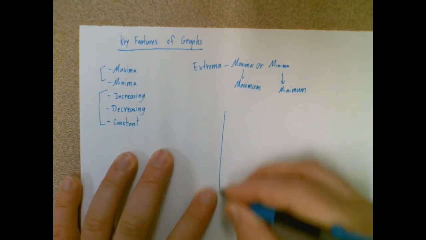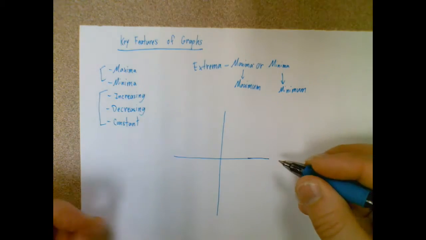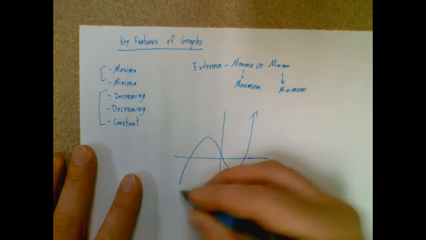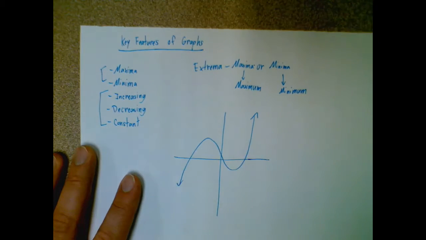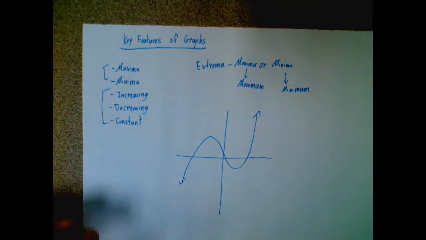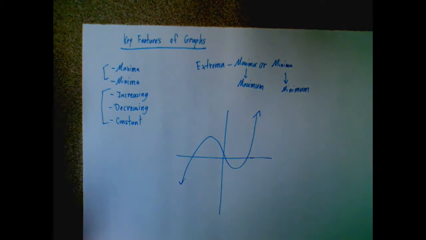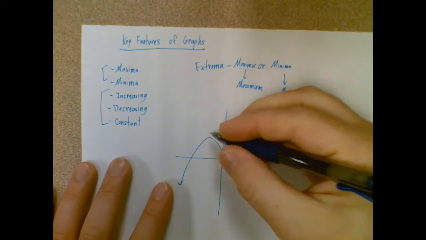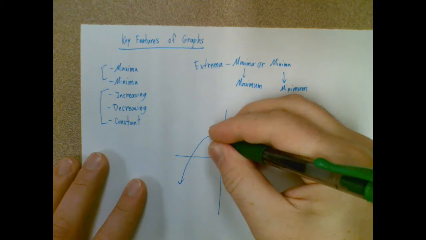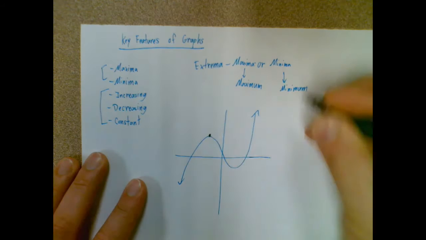So when I'm looking at a graph, say, if I have a graph that looks like this, I'm looking for maxima and minima. Let's switch colors so you can see. This is considered a maximum point.